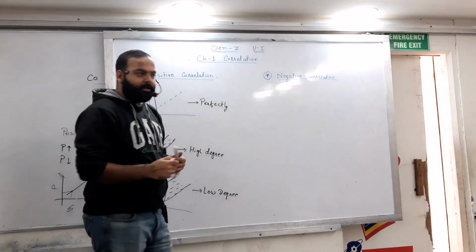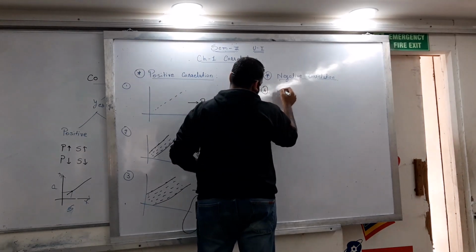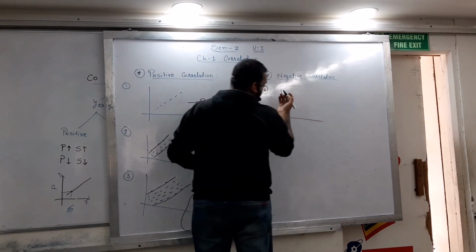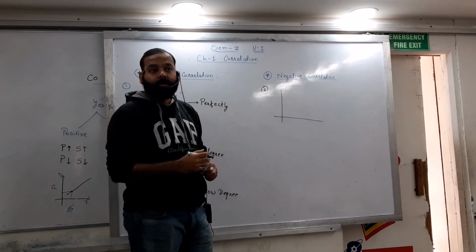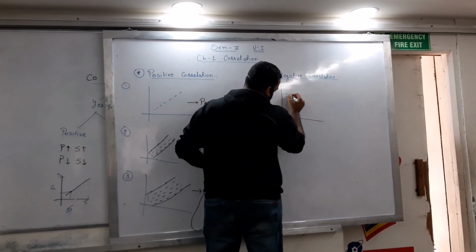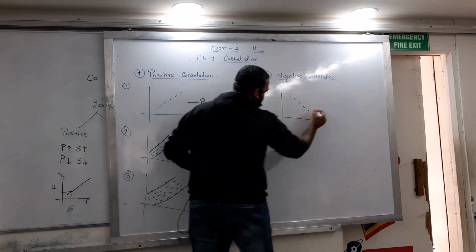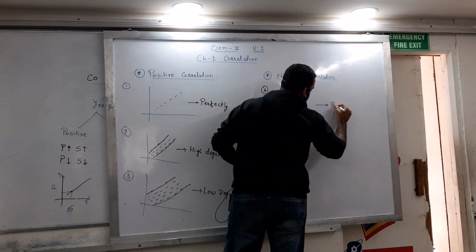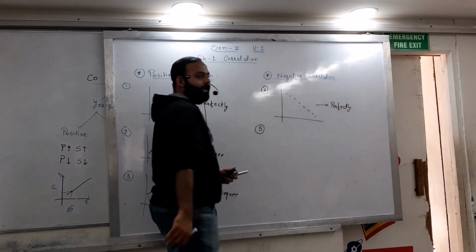For negative correlation, because it is negative, the slope will be downward sloping. So it is a downward sloping slope and it is perfectly negatively correlated.